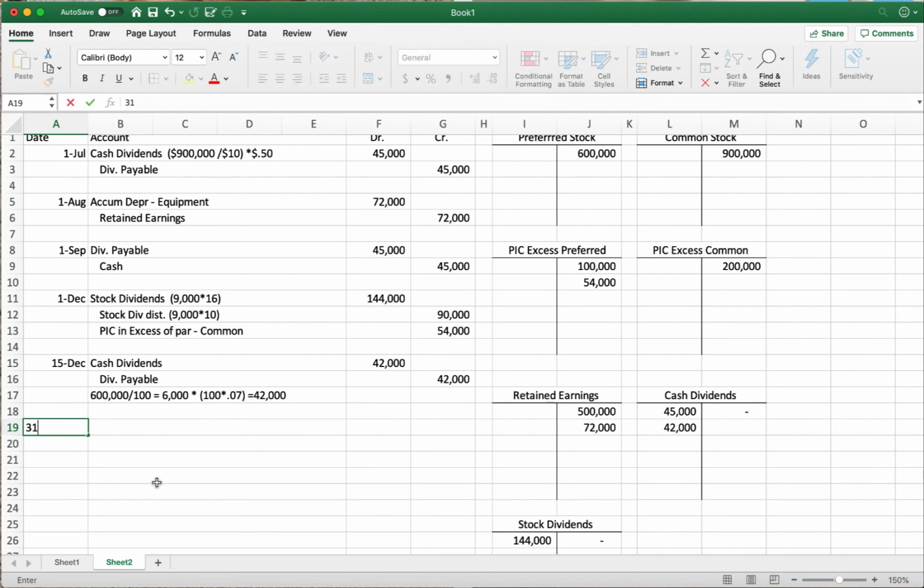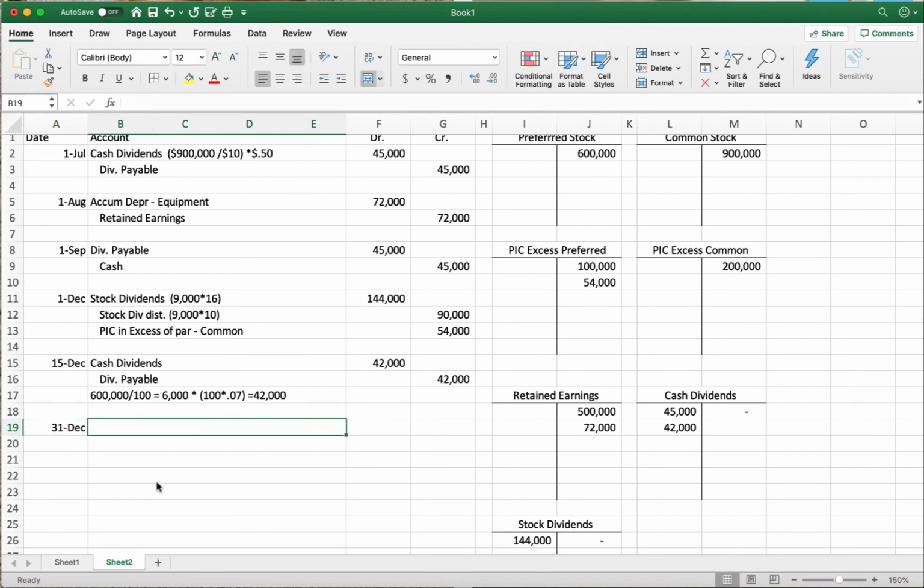So I'm going to say December 31. We need to close retained earnings. Now, we have net income, right? So the income summary has a credit balance of $350,000. We need to close that. We close it with a debit. So I'm going to debit income summary for the $350,000.